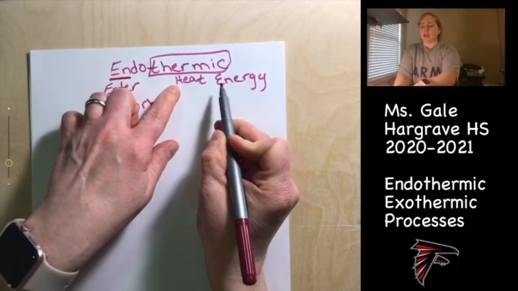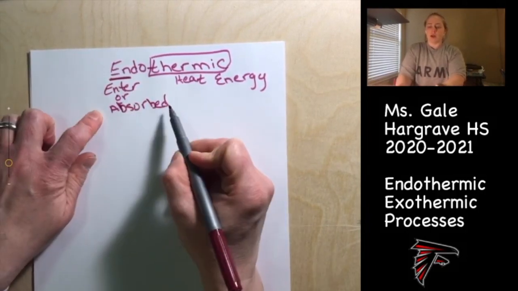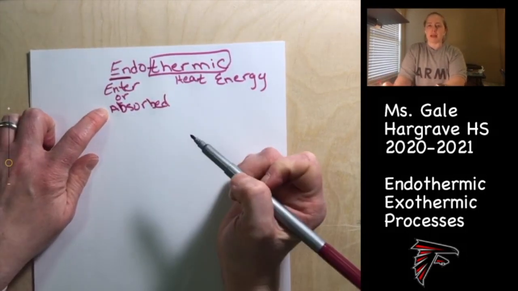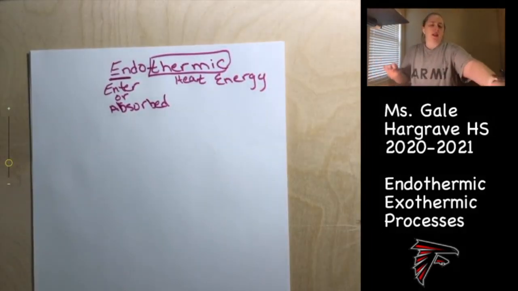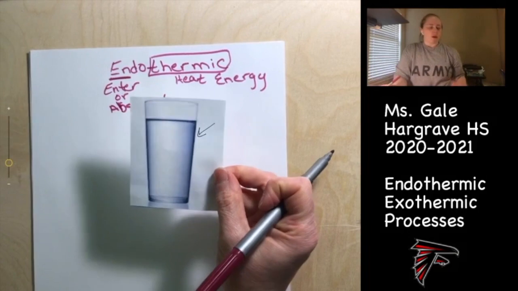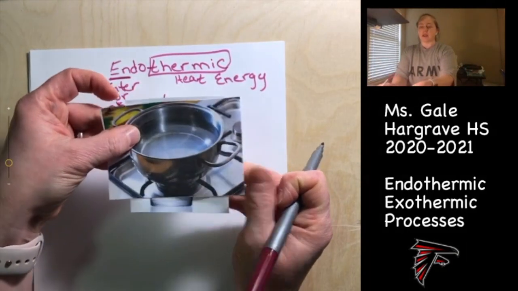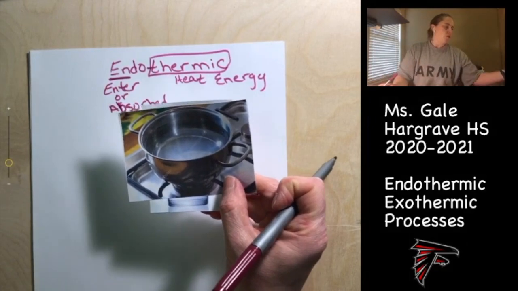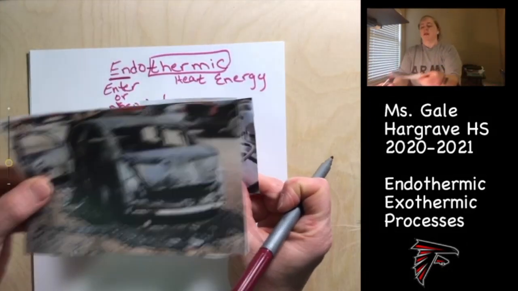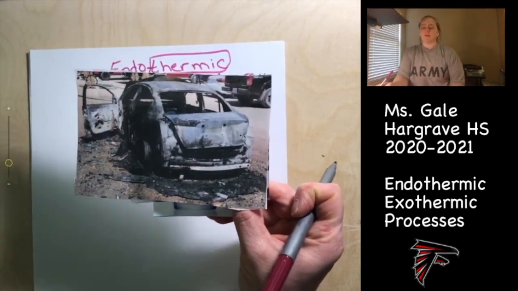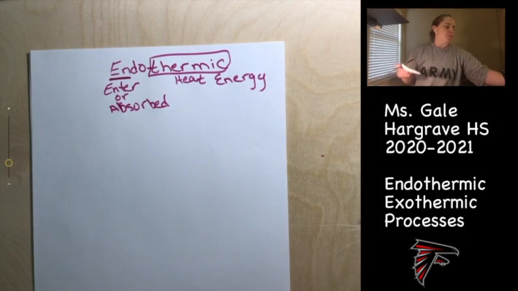So heat energy, you can either say enters or is absorbed by the system. When we say system, that can mean anything from a glass of water to a pot to a vehicle. Okay, you'll see this one in a minute.